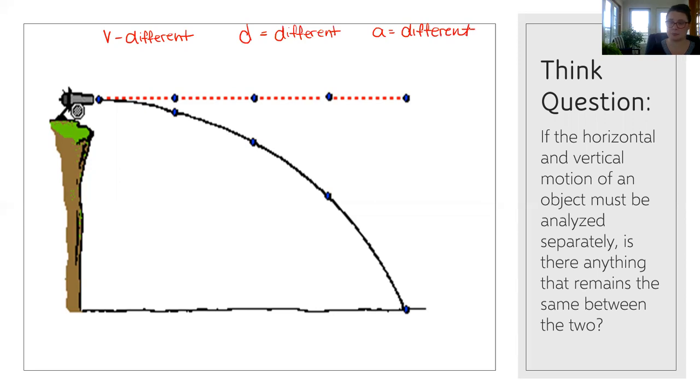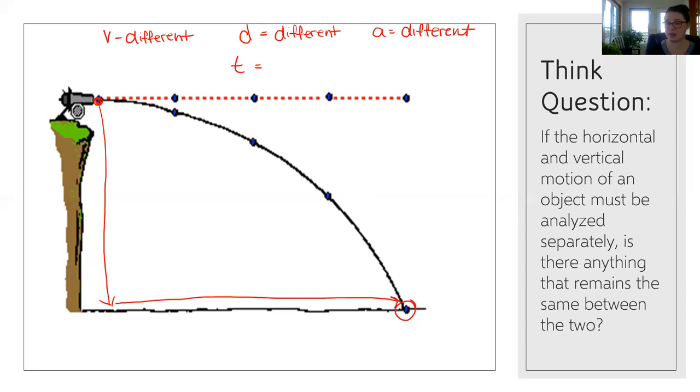What's the only thing I'm missing? If you said I'm missing time, you're correct. Let's think about time. The time it takes this cannonball to drop, to land here, the time it takes for the cannonball to descend, and the time it takes for it to travel horizontally, will they be different or the same? They have to be the same.